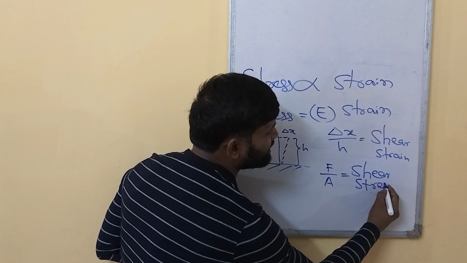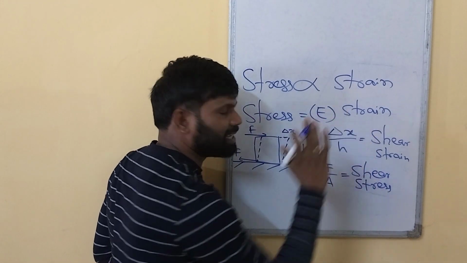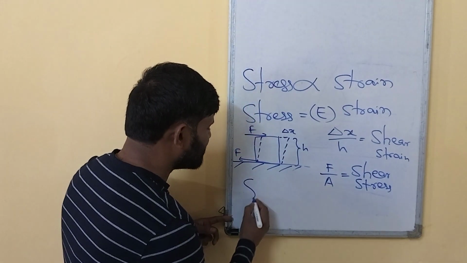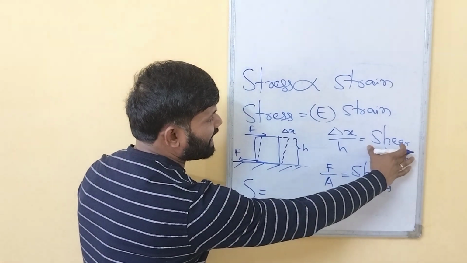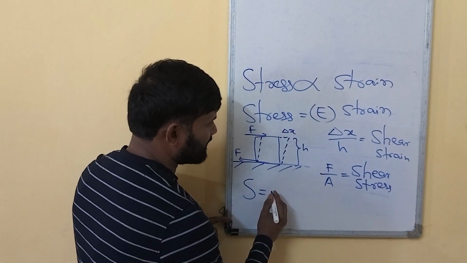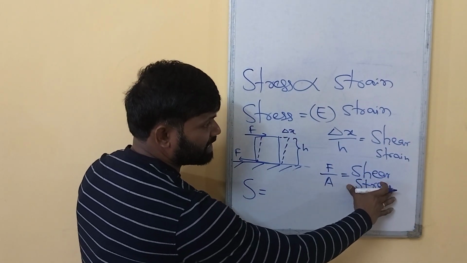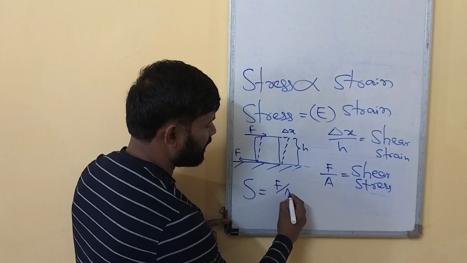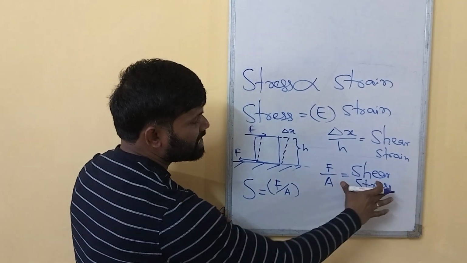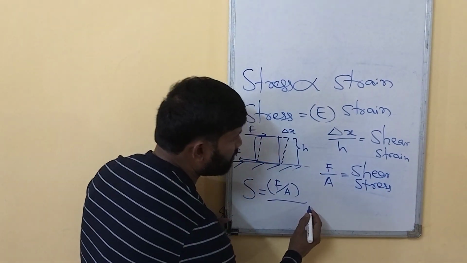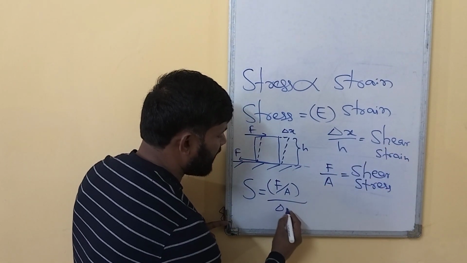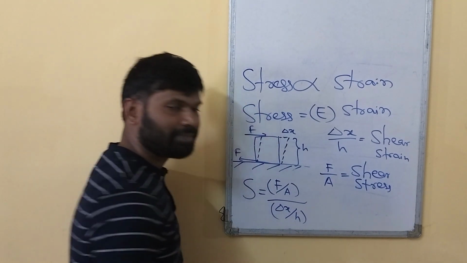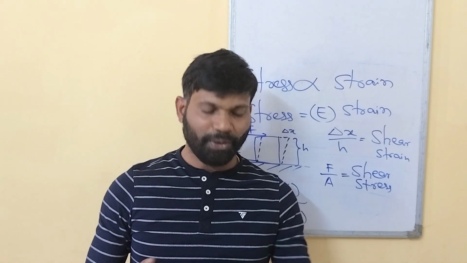This divided by this is the shear modulus. S is equal to shear stress divided by shear strain. So S equals F by A, the shear stress, divided by del x by h, the shear strain. You got it, no? Okay.